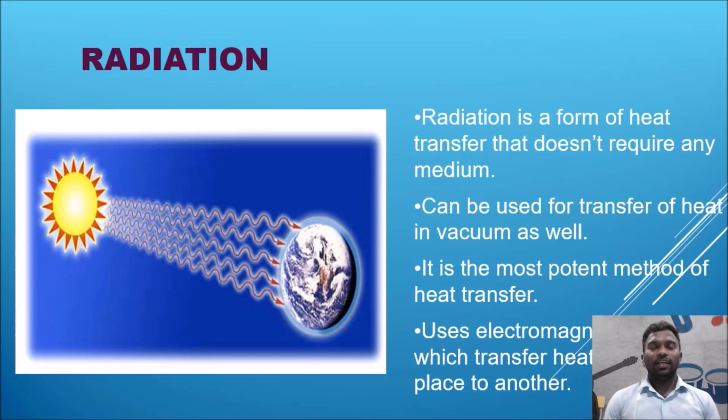Right? Here is the next process of heat transfer, that is radiation. What does it mean by radiation? How can we define this radiation process? Let me give an example. Daily we are getting heat energy from the sun, in the daytime especially.